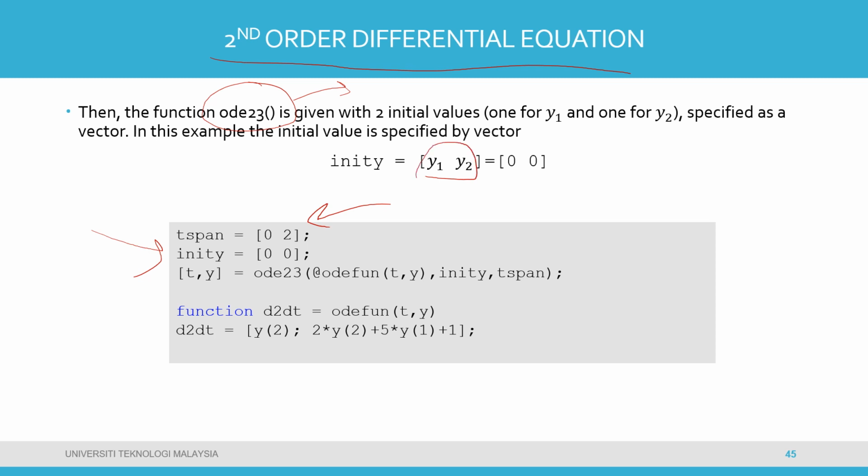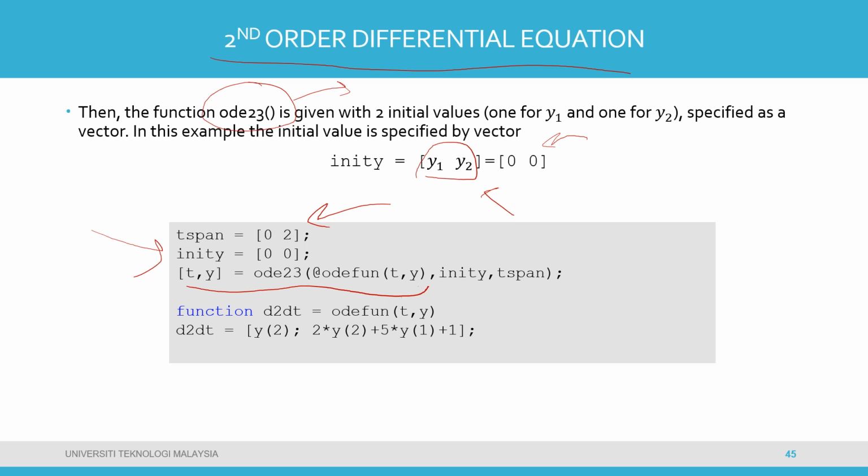Because there are two derivatives now, you have to put the initial condition for y1 and y2. Of course, for this case, you can put 0 and 0. And using the same concept, you can use the ODE, add ODE t and y.